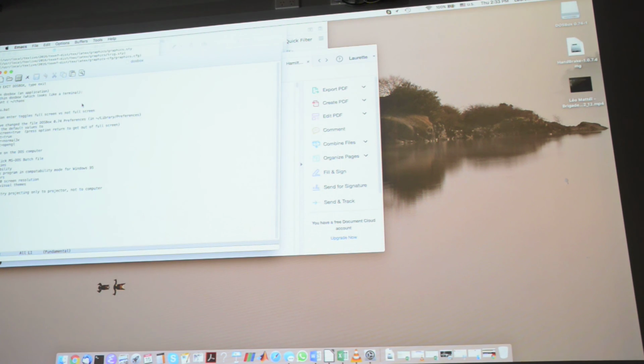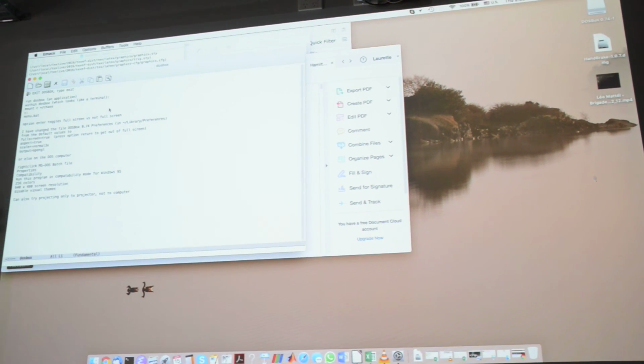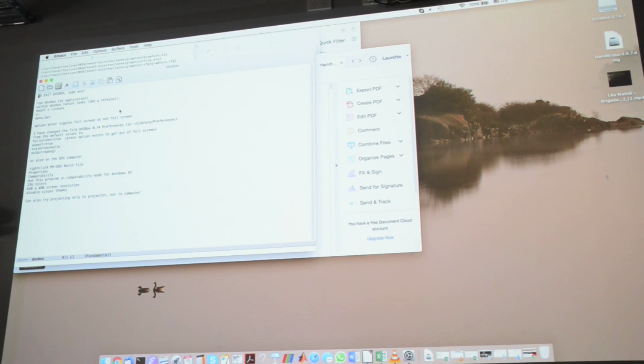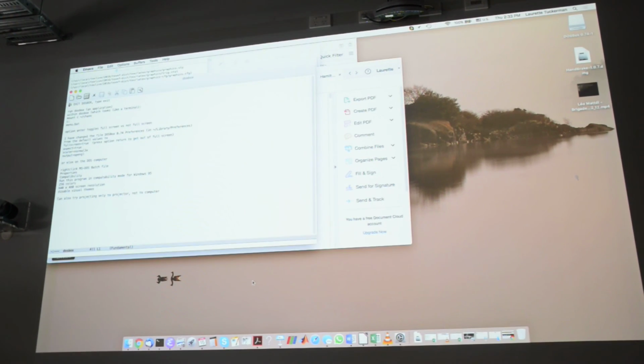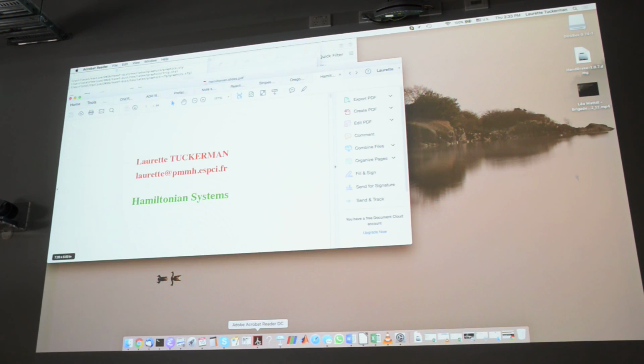I should have done Option Enter. Somebody remember that for me? Option Enter toggles full screen versus not full screen. That's what it says here. Anyway, at least if I manage not to do it again, we'll have seen it all.